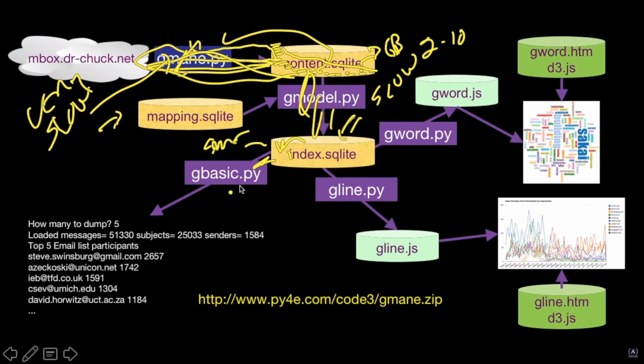And so gbasic just loops through and prints some stuff out. It's a great way to test things.